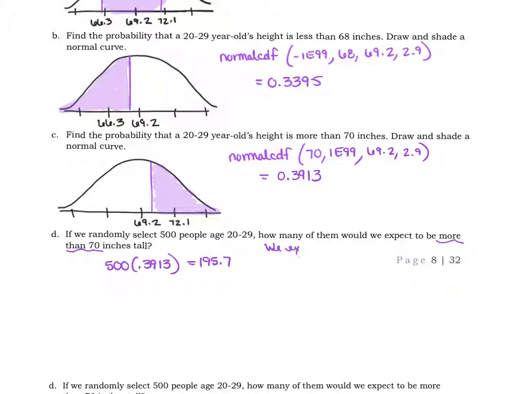So we expect, and if you want to say about 196, I'm okay with that, we expect about 196 of every 500 people age 20 to 29 to be more than 70 inches tall.